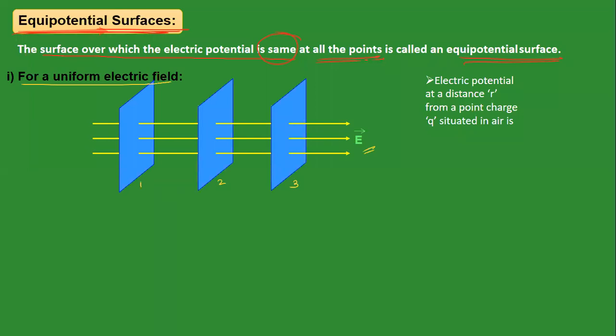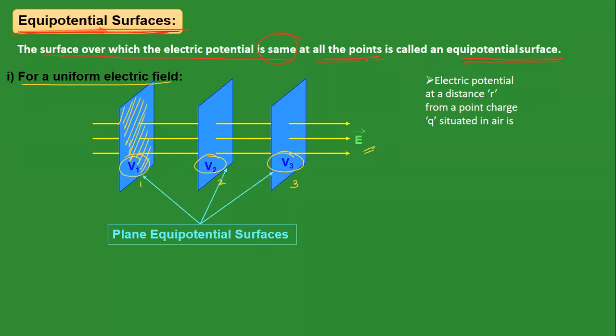At every point of this surface, electric potential is the same, so they are called equipotential surfaces. If I consider the potentials here V1, here V2, here V3, then we can write that these are the planes of equipotential surfaces.